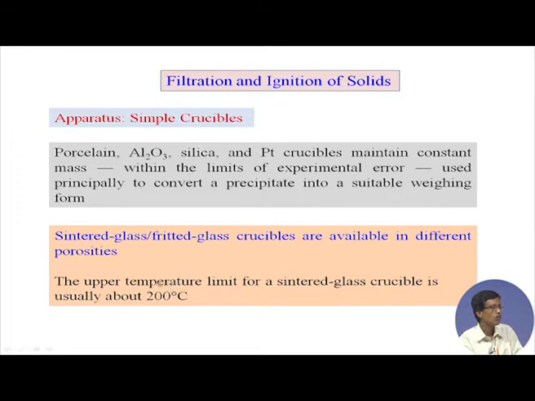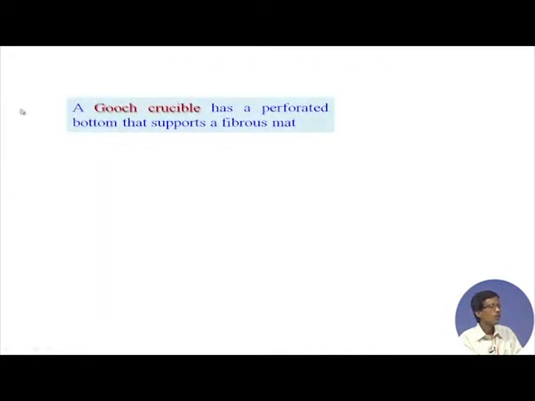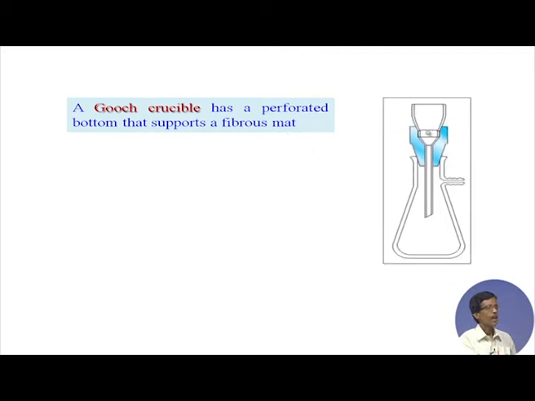If we heat at a higher temperature, say 150 or 160 degrees centigrade, we can use that sintered glass crucible for this purpose. It has a perforated bottom, as I told you, supported on a fibrous mat, because you require a porous mat that can pass the liquid, and that is how to use this as a device for filtration.